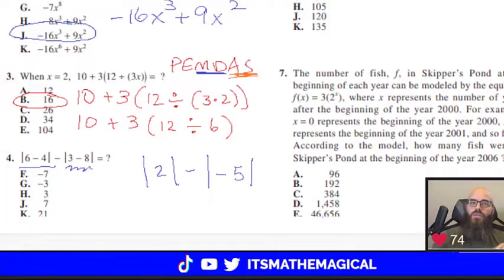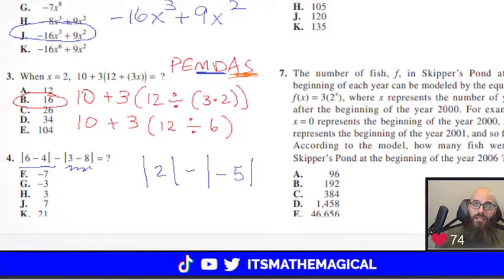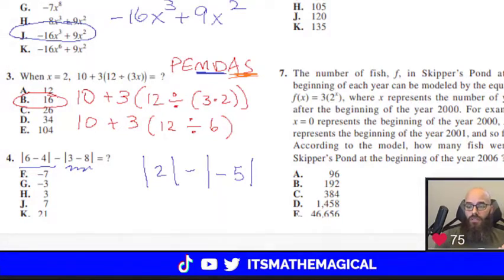All right, now you want to apply the absolute value property, which means those numbers inside of those absolute value bars, you're going to think about that as a distance from 0. So distance is always positive, and therefore the absolute value of 2 is 2. The absolute value of negative 5 is 5, and you're going to subtract those. So what's 2 minus 5?